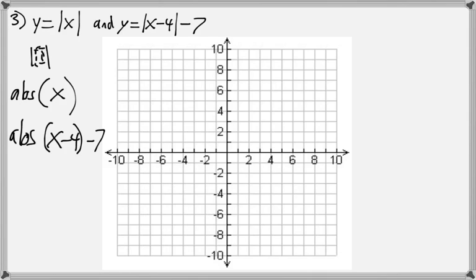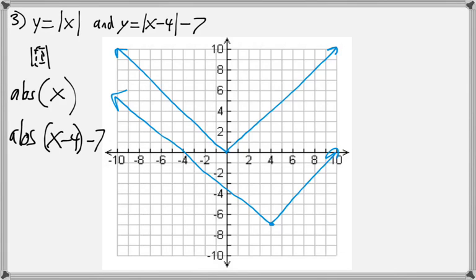So if I graph this, the absolute value graph looks like a V. Again, your graph doesn't need to be perfect.